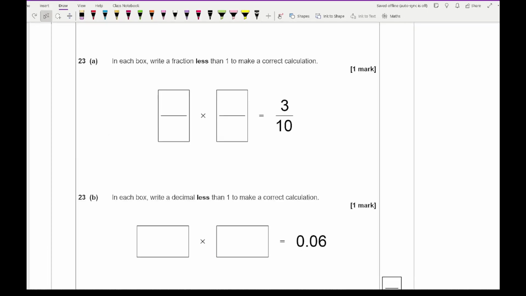Then for question 23a, it says in each box write a fraction less than 1 to make the correct calculation. So when we're multiplying, we multiply the two numerators together, and we multiply the two denominators together to get those respective values. So for this, we're looking for two numbers that multiply together to equal 3, which most often is going to be 3 and 1.